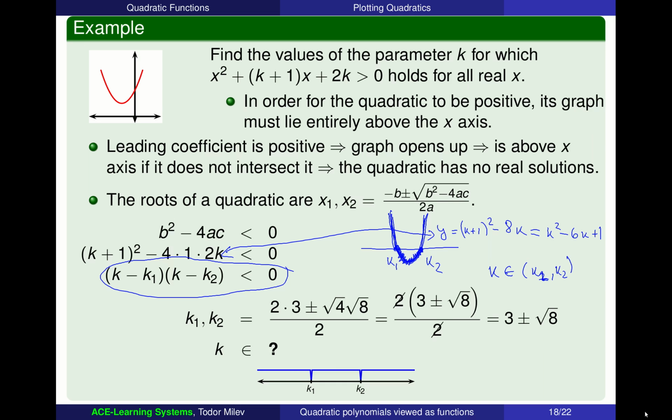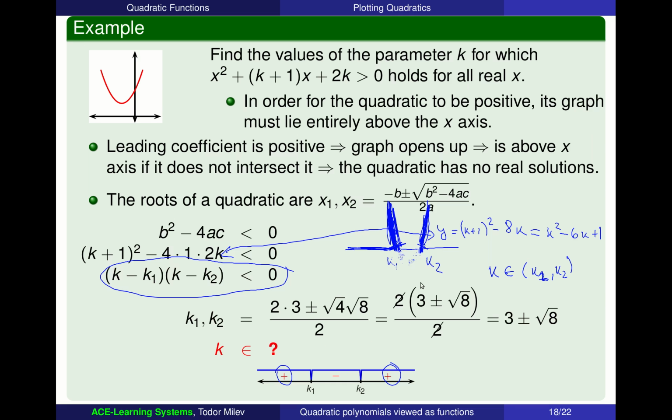So you can see from the graph of the parabola that the parabola is positive over this interval. So over this interval, the graph of the parabola sits above the x-axis. It continues being positive over here, but between k1 and k2, it is negative.